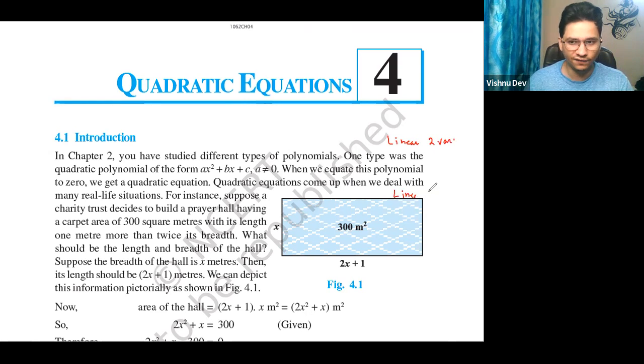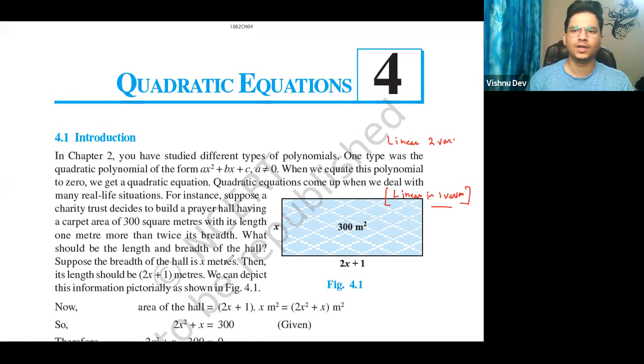We substituted the value, then we calculated the linear equation in one variable, because I cannot find the value without converting any equation into a linear equation in one variable. That's the key concept. Whatever the problem is, we have to convert it into the form of a linear equation in one variable.